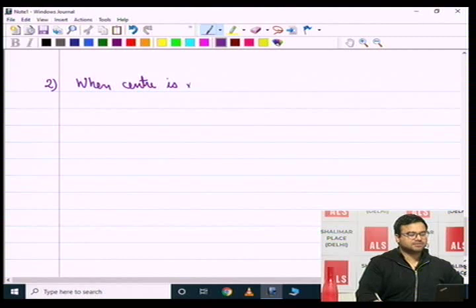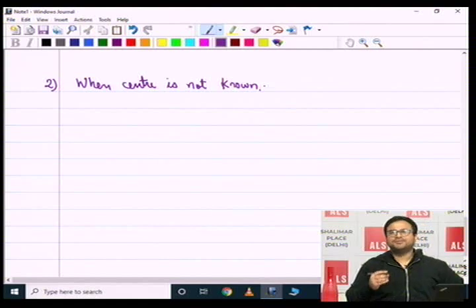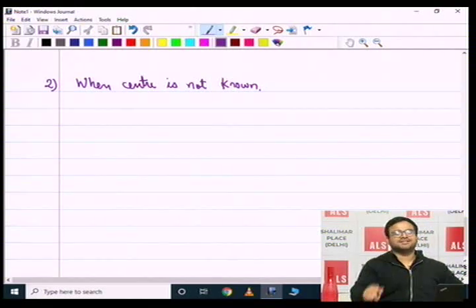When center is not known. The meaning of center is not known is that, when we draw a circle we know where the center lies, but it means we don't have to use the center of the circle to draw the tangent.